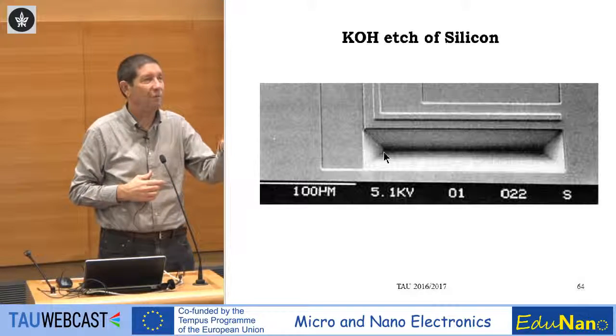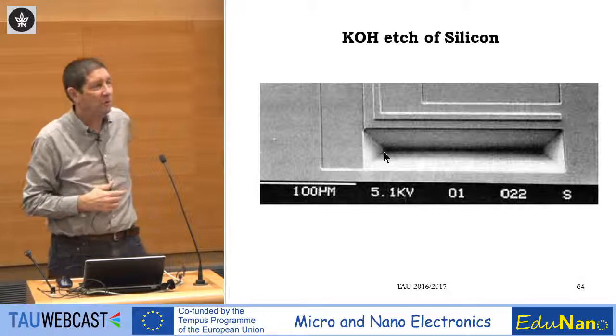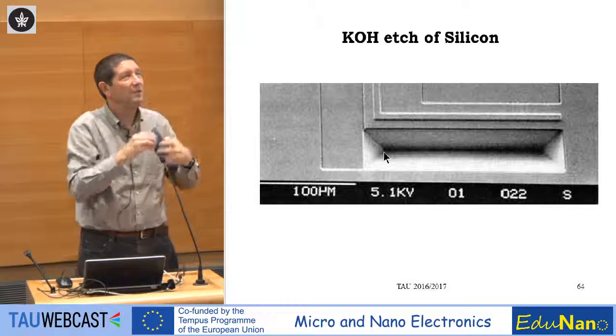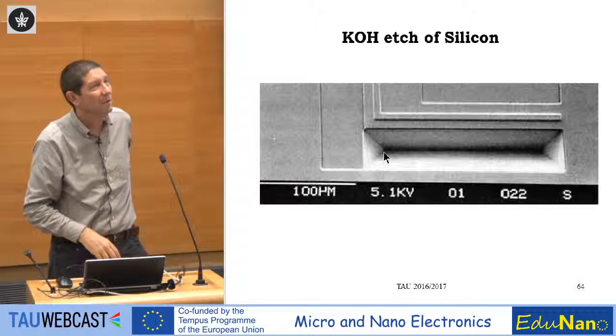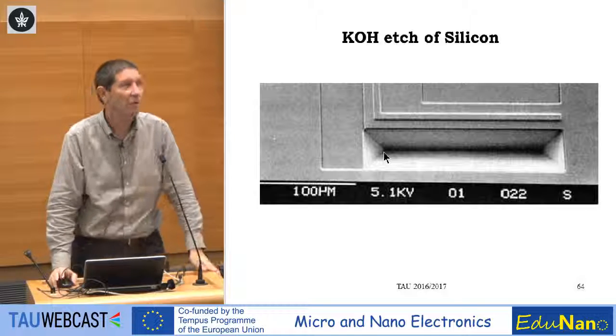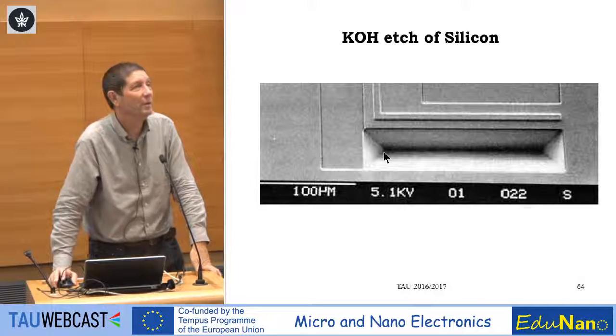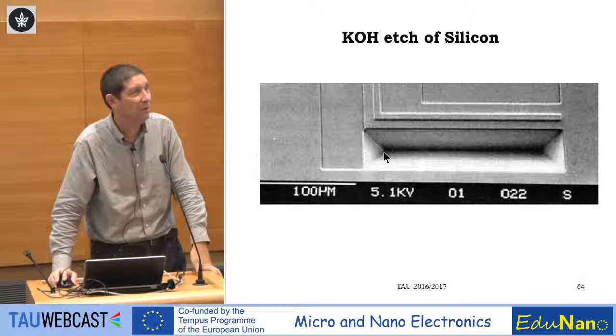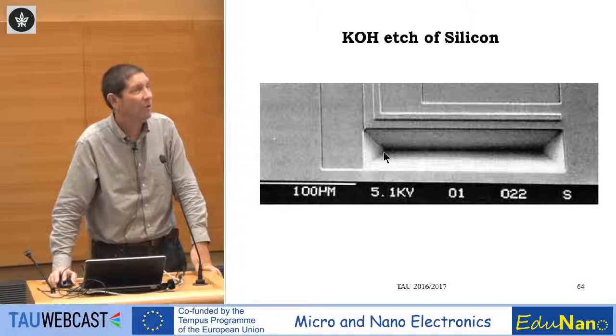The capacitance will be a function of the acceleration. So if you look at your cell phone today, how do you know the cell phone is tilted? This is made by micromachining. And KOH etching of silicon is one of the oldest and most used processes to etch silicon at very low cost, in a very accurate way.